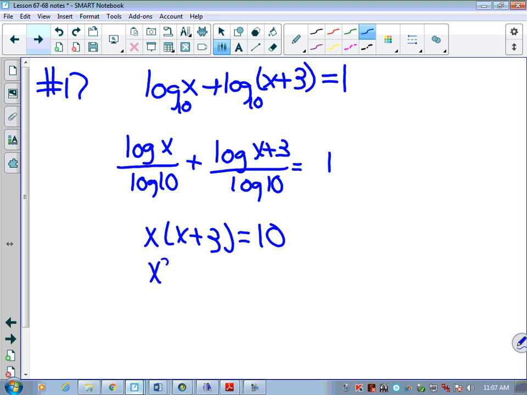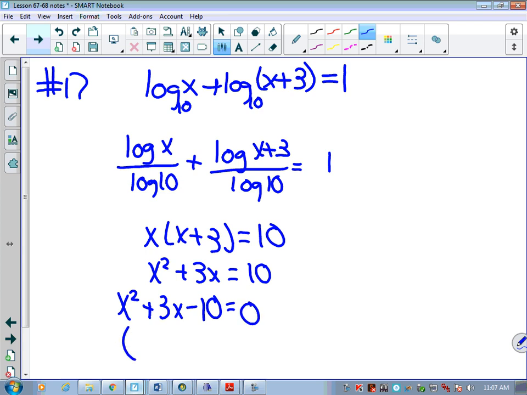So we get x squared plus 3x equals 10, and we can see that we're dealing with a quadratic, so we're going to subtract 10. x squared plus 3x minus 10 equals 0. Factor that down, so we get x and x. We should get a plus and a minus. Things that multiply to be 10: 2 and 5.